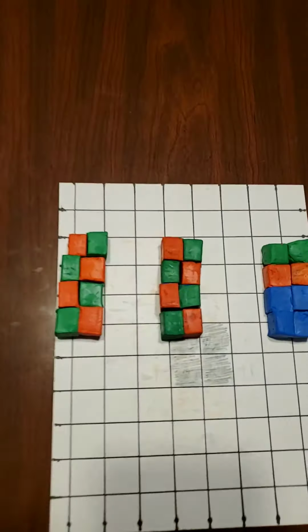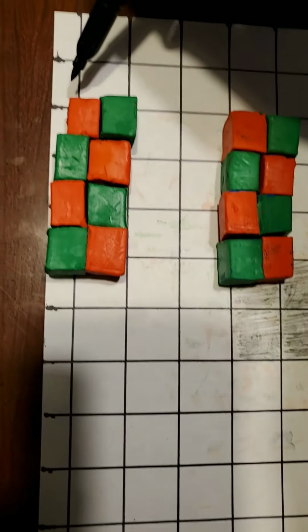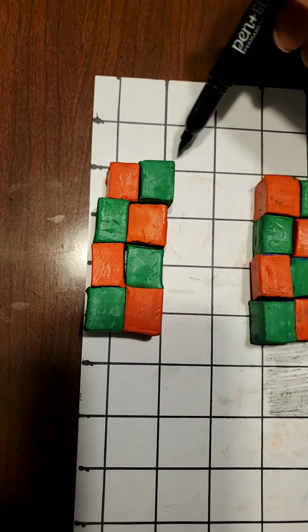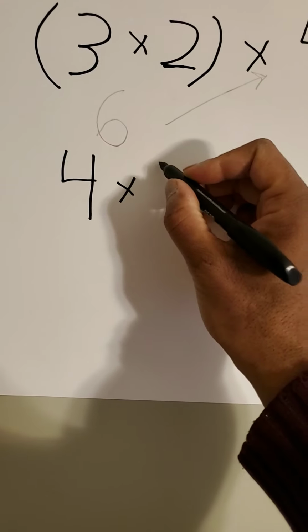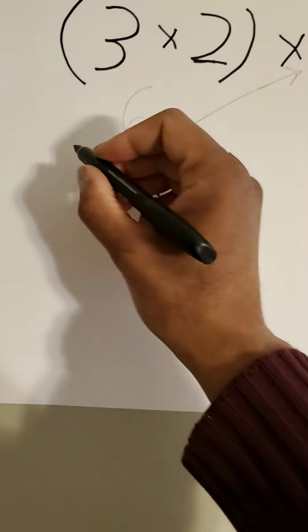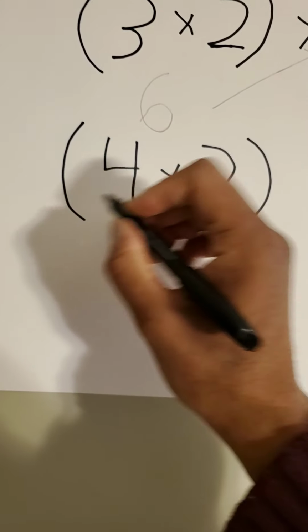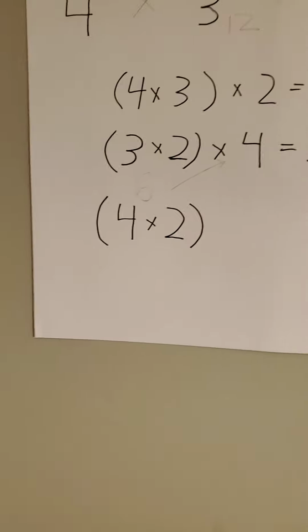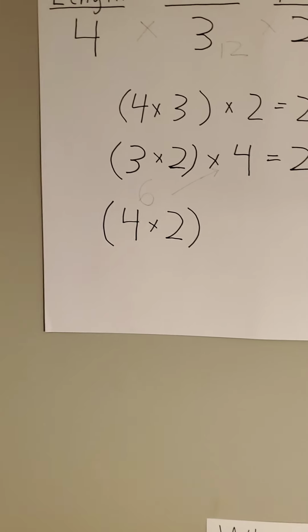Now, what is the width? 1 inch, 2 inches. 4 times 2. And we'll put the parentheses around it because this represents the size of each one of those parts. So each part is 4 times 2.